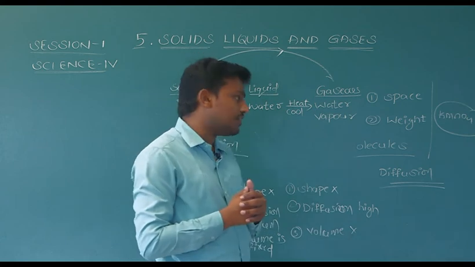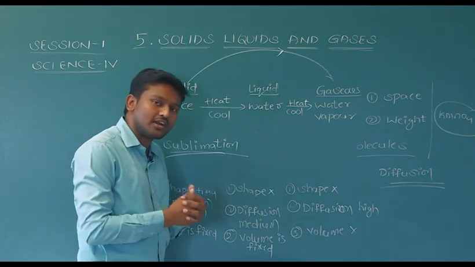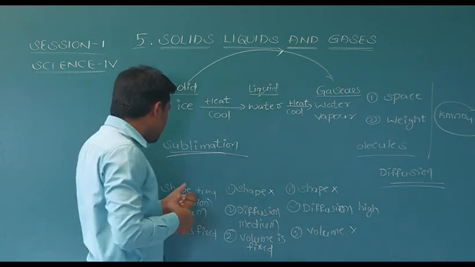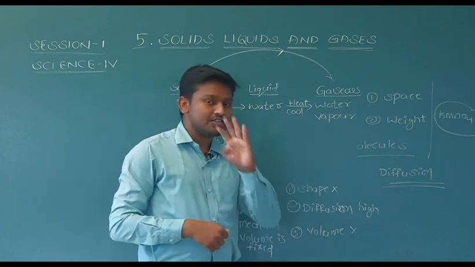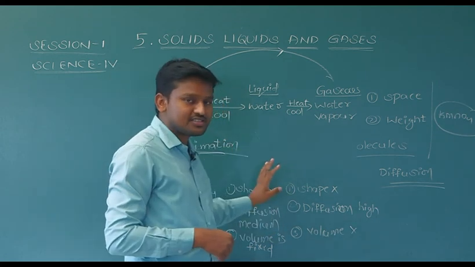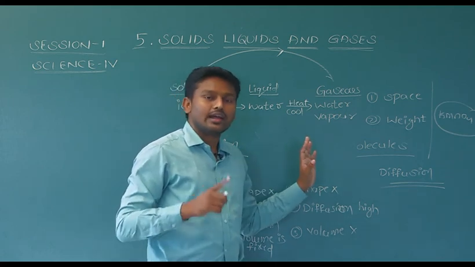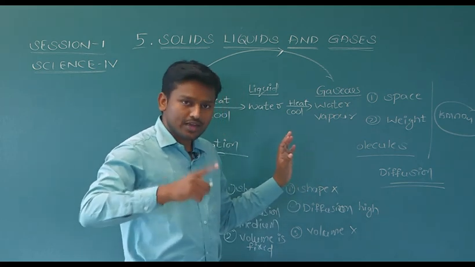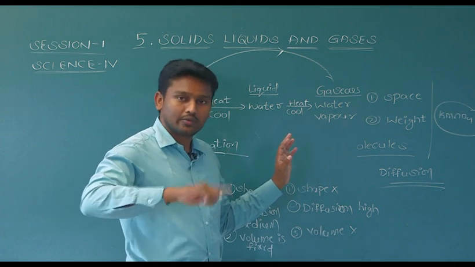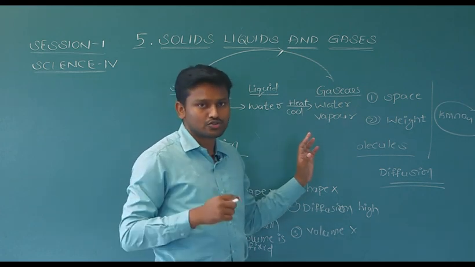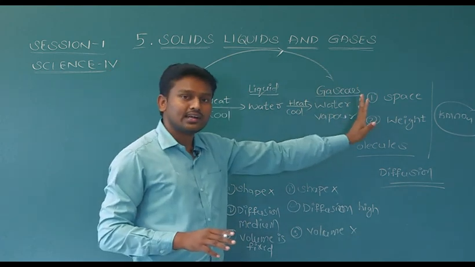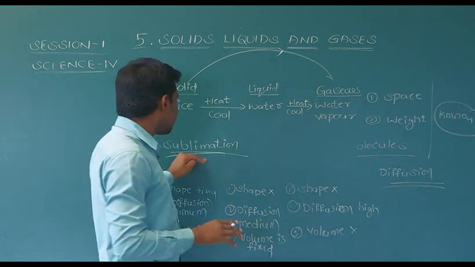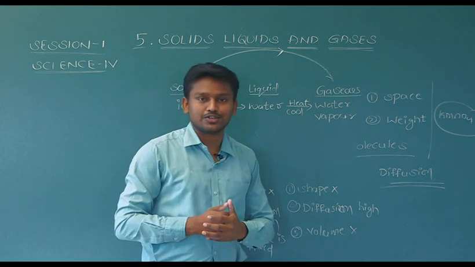Then we have seen some important properties of solids, liquids and gases: shape, diffusion, volume, compressibility. These are the 4 properties we have seen in this class. And then conversion of solid to liquid, liquid to gas, gas to liquid, liquid to solid, and then conversion of solid directly into gas, and we call this process sublimation.